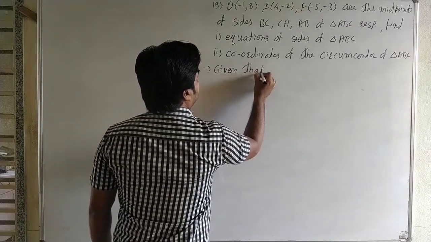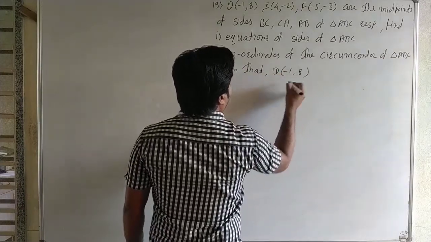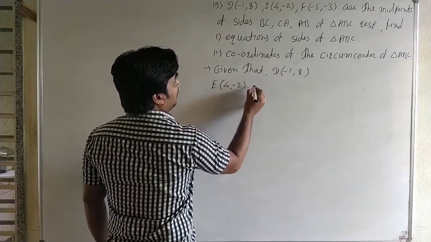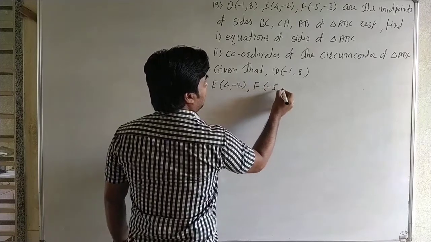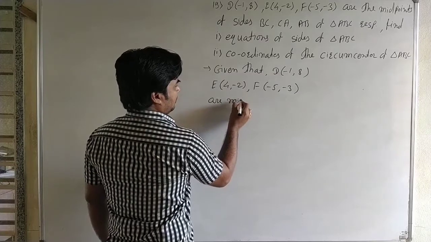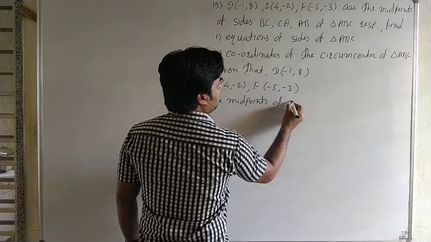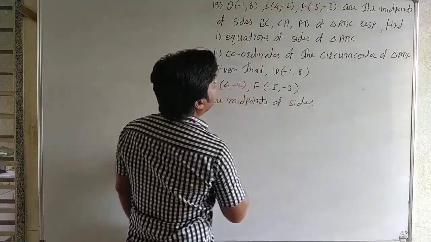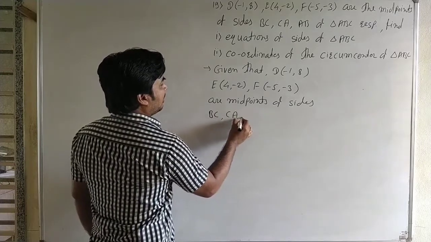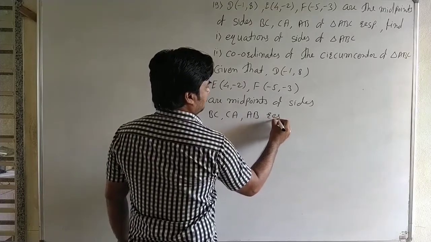Here it is given that D(1, -8), E(4, -2) and F(-5, -3) are midpoints of sides BC, CA and AB respectively. Okay.